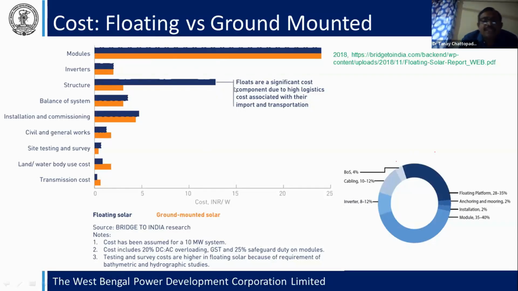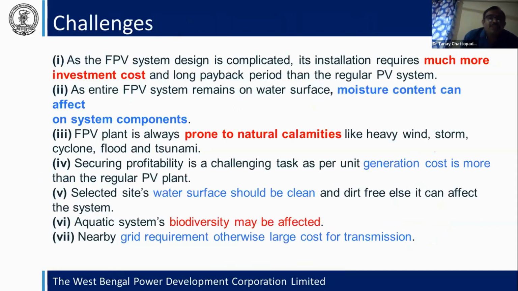Now for the challenges, there are too many challenges in floating solar. The investment cost is the main challenge. Then, as it is near the water, moisture can affect the module, so module leak proofing is the main thing.